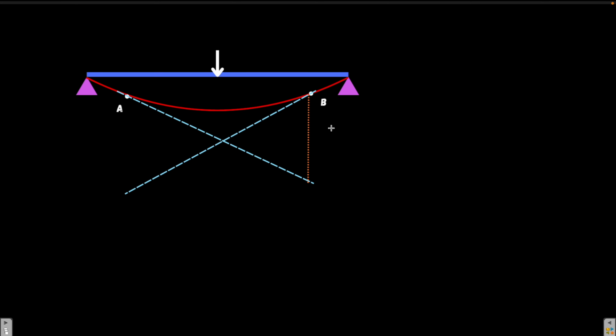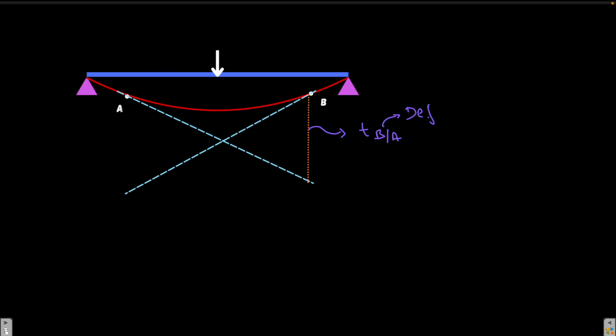Now our purpose is to find this distance which is shown in orange color. This distance is called TBA. It means it is the deflection of point B with respect to the tangent drawn at point A. So the first letter B represents the point at which we are finding the deflection.